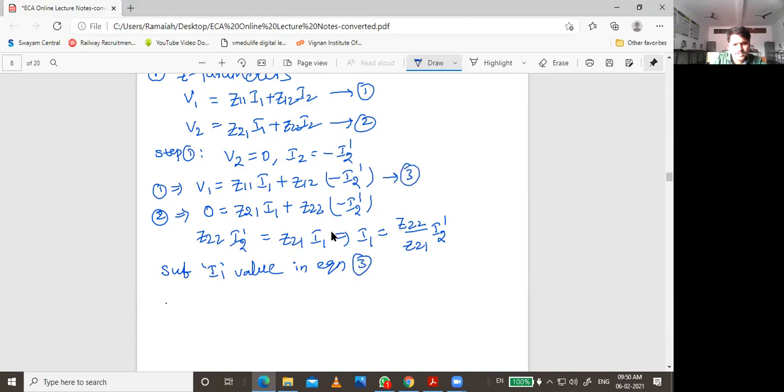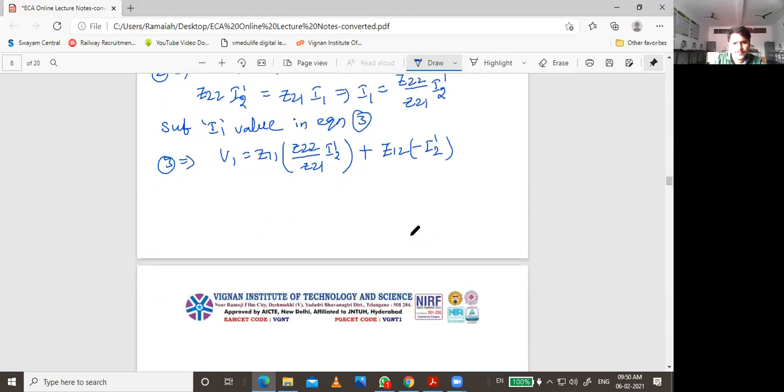So from equation 3, we can easily obtain that V1 equal to Z11 into, what is I1? Substitute the value Z22 by Z21 into I2 dash, plus Z12 into minus I2 dash. Now, let us take I2 dash common.